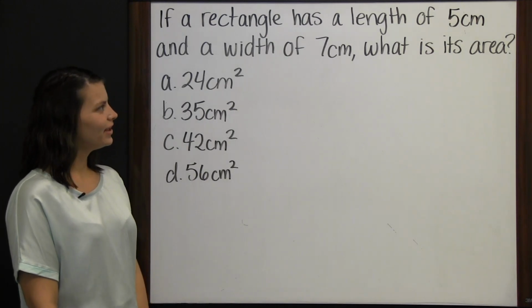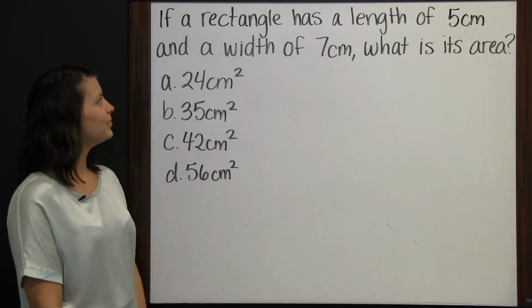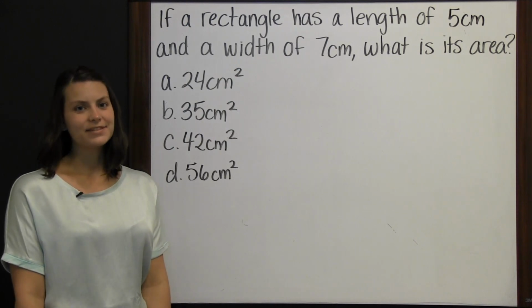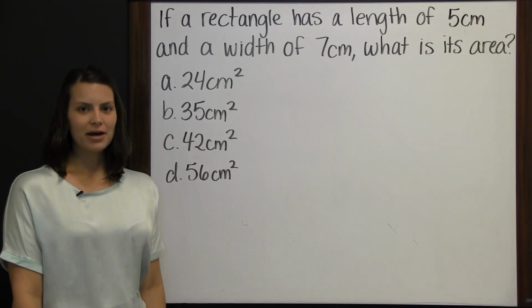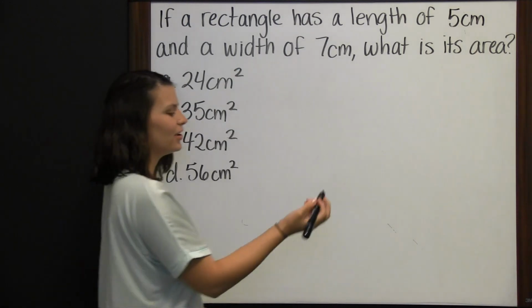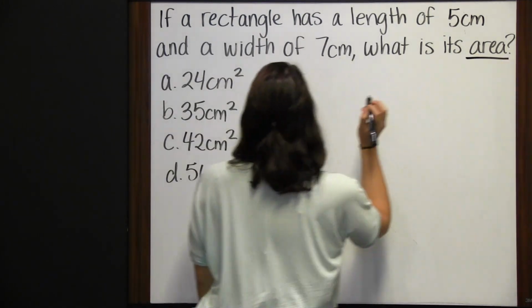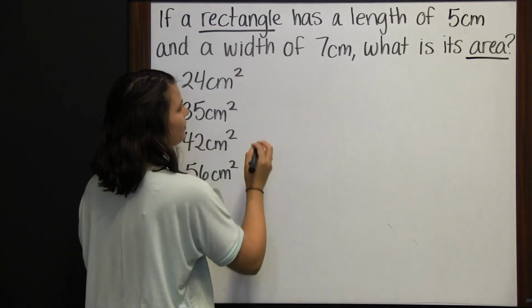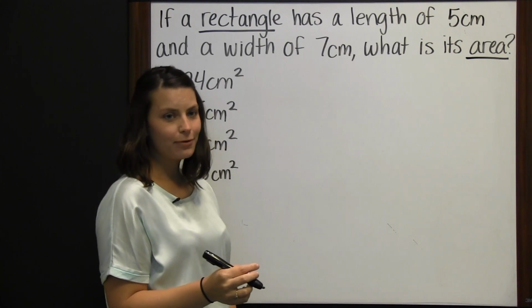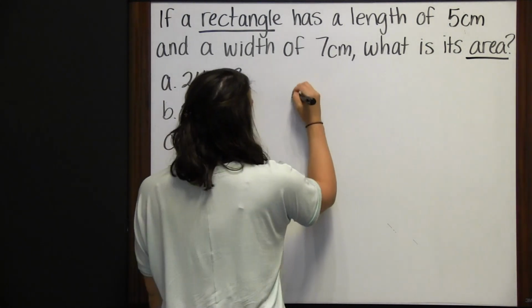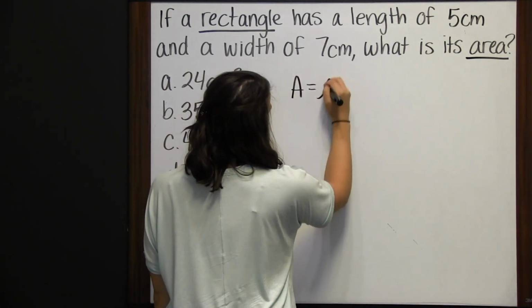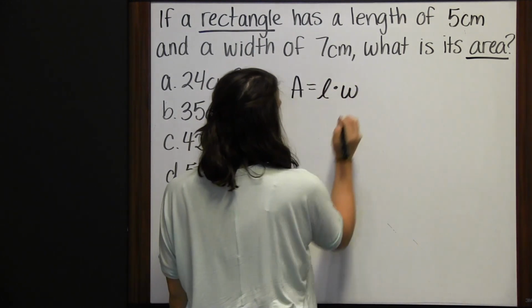If a rectangle has a length of 5 centimeters and a width of 7 centimeters, what is its area? We're finding the area of a rectangle. The formula for area of a rectangle is area equals the length times the width.